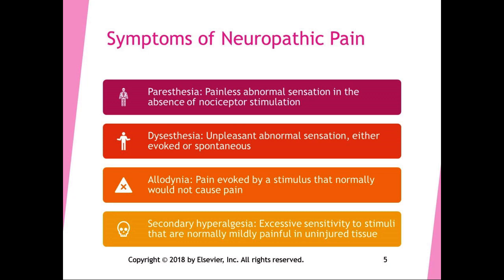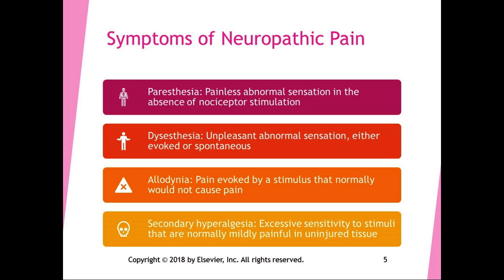So allodynia, dynia is another root word that means pain. Algia is the Latin root word for pain, and dynia is the Greek word for pain. So allodynia is pain with a stimulus that is normally non-painful.